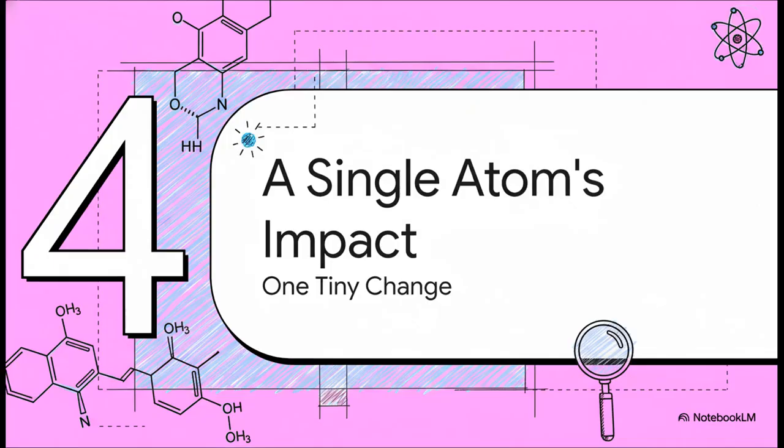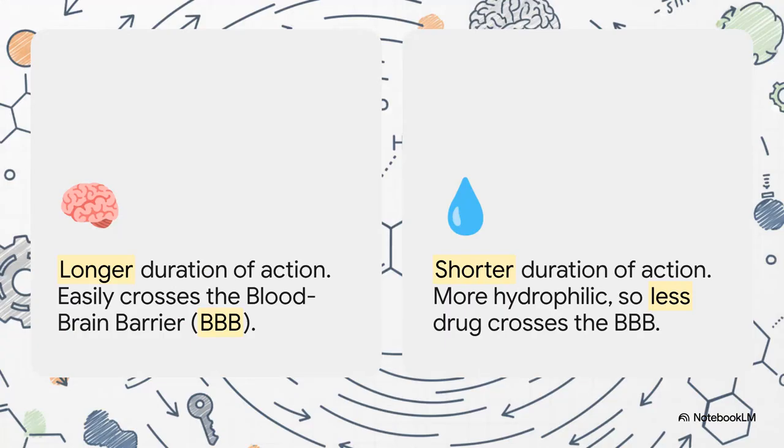So we've seen the big overarching rules, but now we get to what I think is the most fascinating part of medicinal chemistry. How one single, tiny atomic change can have these huge, dramatic consequences for how a drug behaves. Okay, this right here is the crucial point. On the left, you've got your standard benzodiazepine. It lasts a long time and it gets into the brain pretty easily. But on the right, you add just one tiny little hydroxyl group.